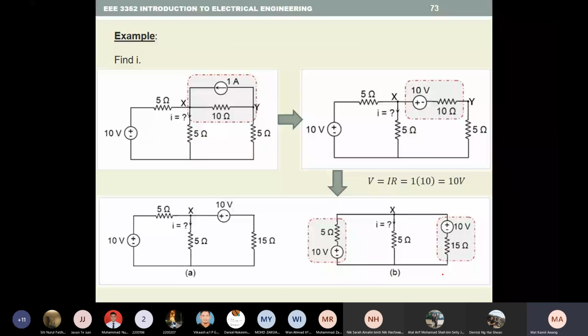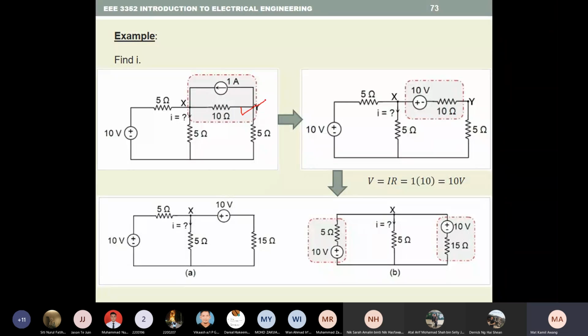Example, you need to find the I1. This is the circuit given. You recognize this is really like a Norton equivalent circuit, and you can change it into Thevenin by using the formula. So you can change into this.